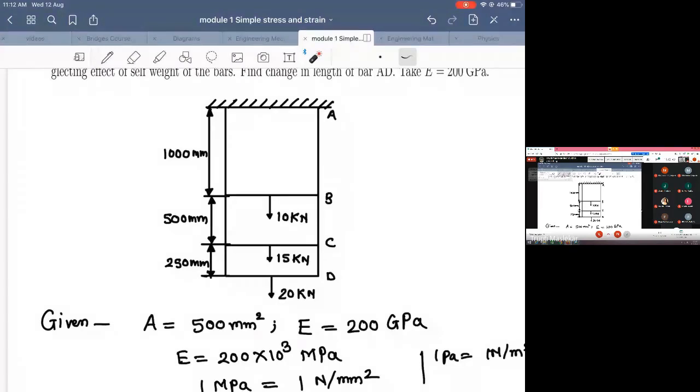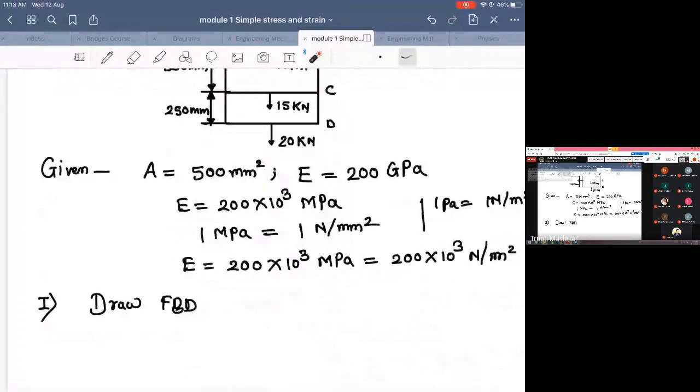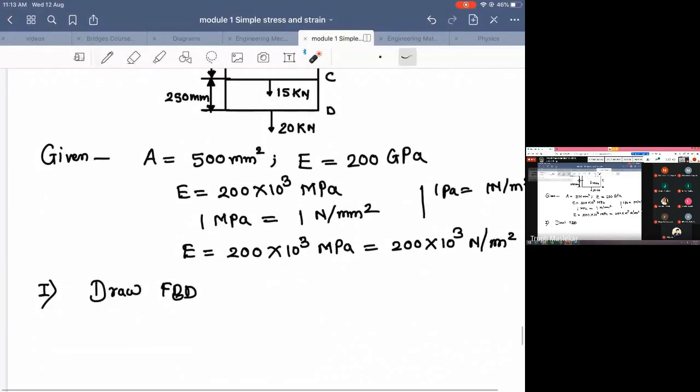For drawing the free body diagram for portion CD, I'll cut the portion just below the point C, and then I will draw the free body diagram. So here I will write free body diagram for portion CD.